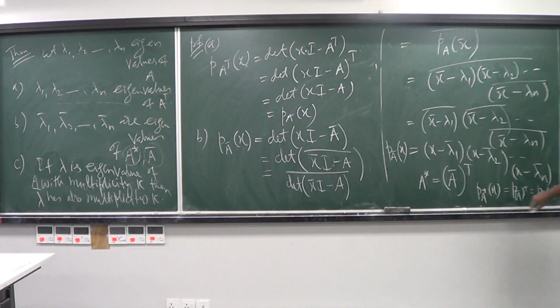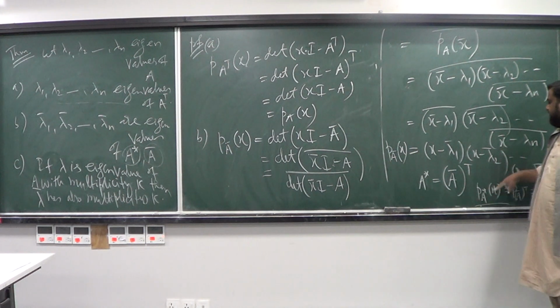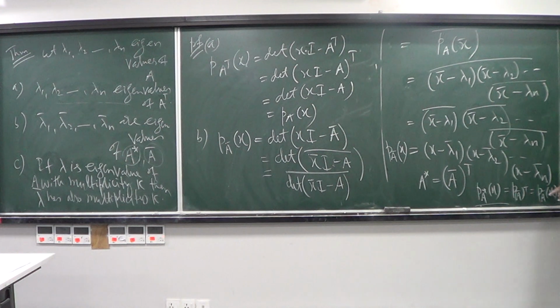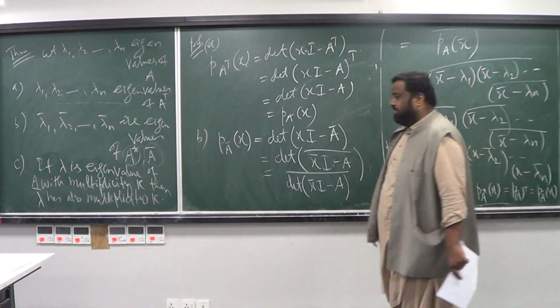So this means that the characteristic polynomial of A star is equal to the characteristic polynomial of A conjugate, which is this. So if lambda 1 bar, lambda 2 bar, and lambda n bar are the eigenvalues of A conjugate, they are also eigenvalues of A star.